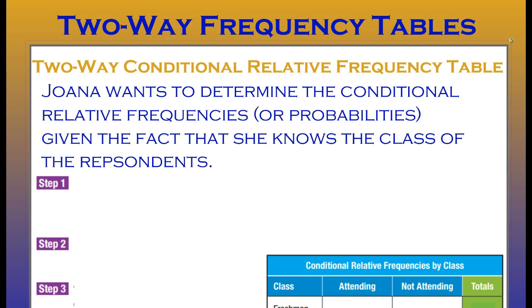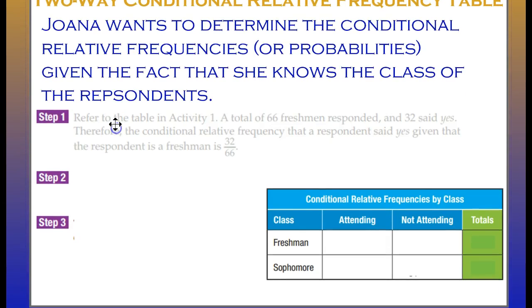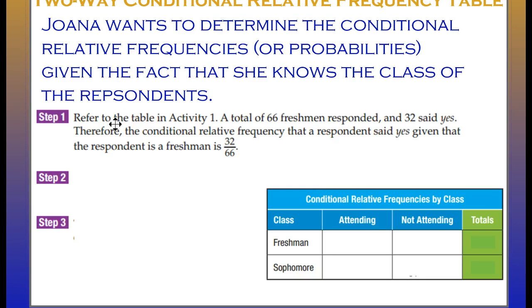In this next example, we are going to create a two-way conditional relative frequency table. So it says Joanna wants to determine the conditional relative frequencies or probabilities given the fact that she knows the class of the respondents. So step 1, refer to the table in activity 1.